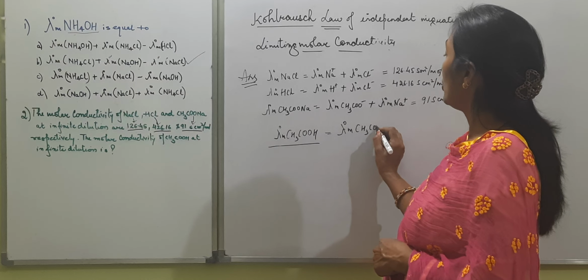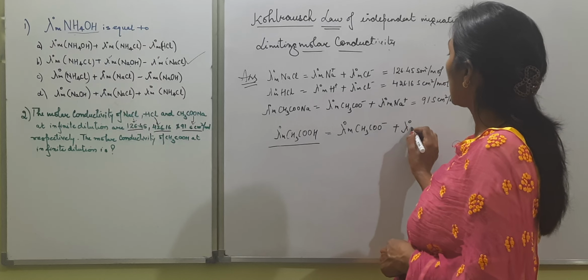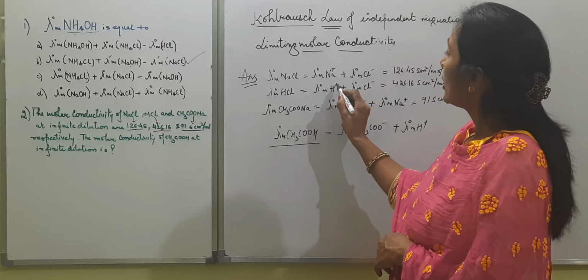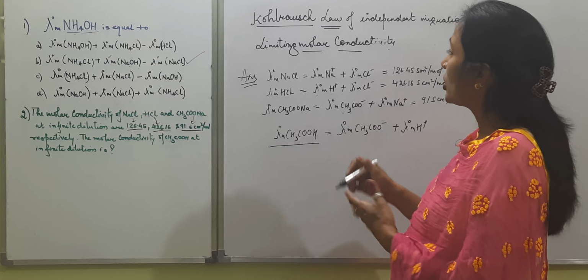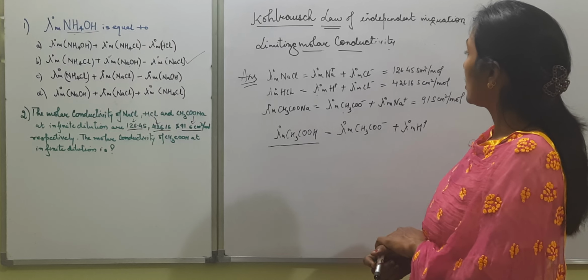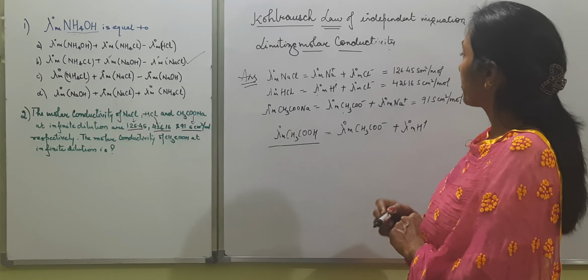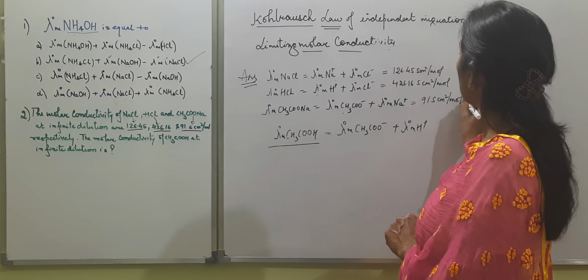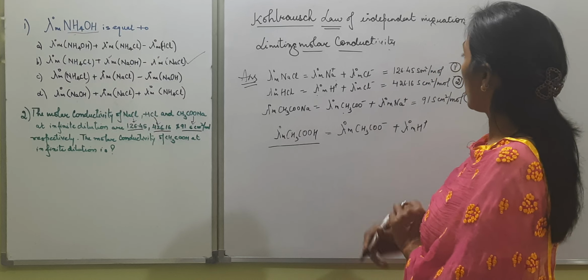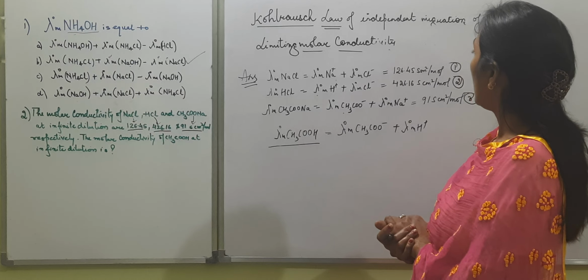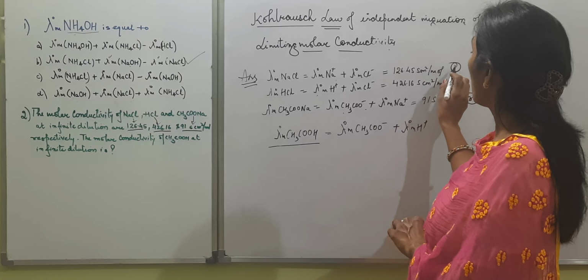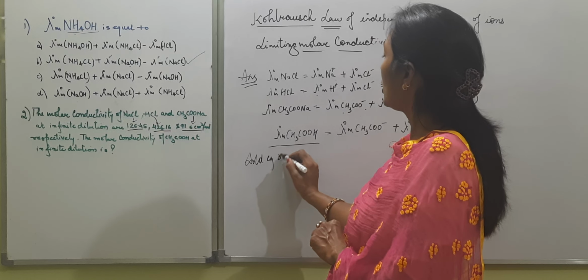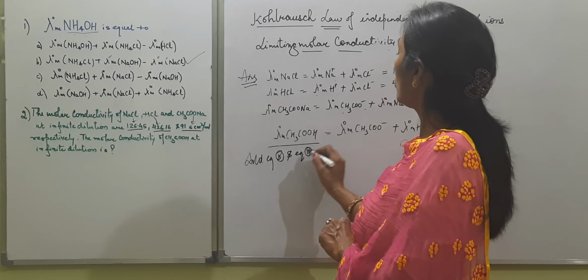That is CH3COO acetate ion plus the limiting molar conductivity of hydrogen ion or proton. That means I need this and this, the rest I don't need anything. So what will we do, write something so that the rest cancels out from here. Let's call this equation 3, this is equation 2 and this is equation 1. So what we will do is add equation 3 and equation 1.